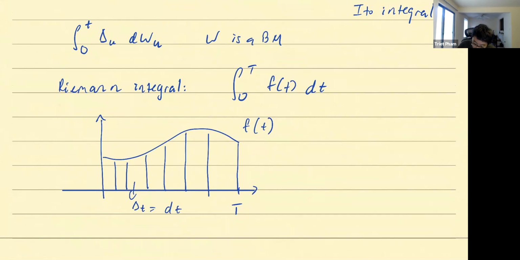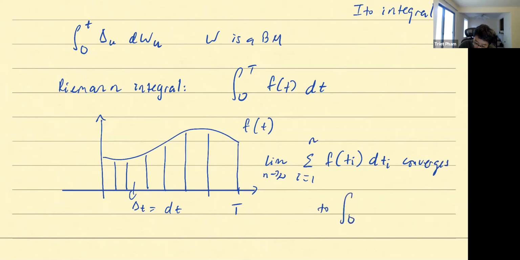Chop them up, and when you sum these guys up and push the dt to zero, that will converge to a number that you call the integral, which you also claim is in some way the definition of the area under the curve.